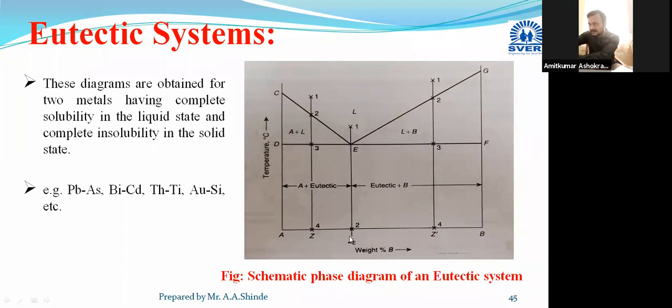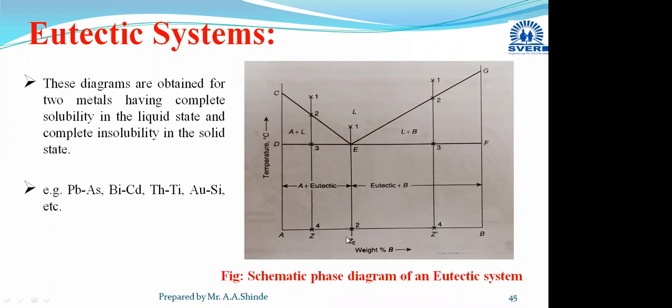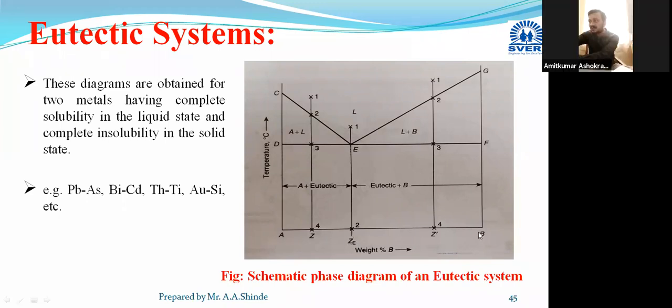When the composition is less than this Ze, towards the left hand side, these alloys are hypoeutectic alloys. And when the composition is exactly at Ze, this is a eutectic alloy. And when it is more than this Ze, it is a hypereutectic alloy. Hypo means less than, and hyper means more than.